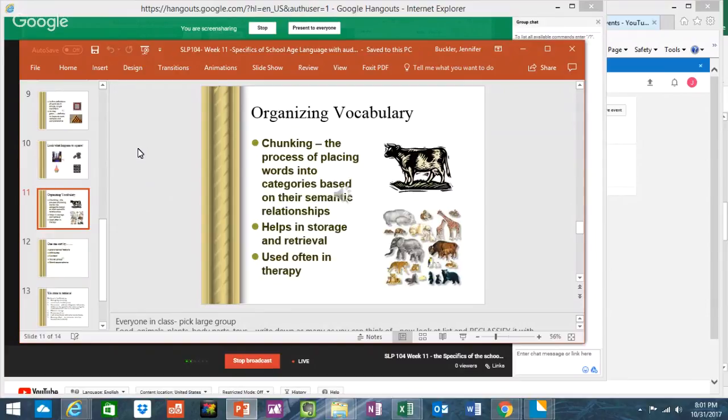If I asked all of you to pick a large group of animals, or even to list animals in a group, you might say dog, cow, horse, pig, elephant, zebra. And then if I asked you to keep going, your retrieval would become more and more specific.